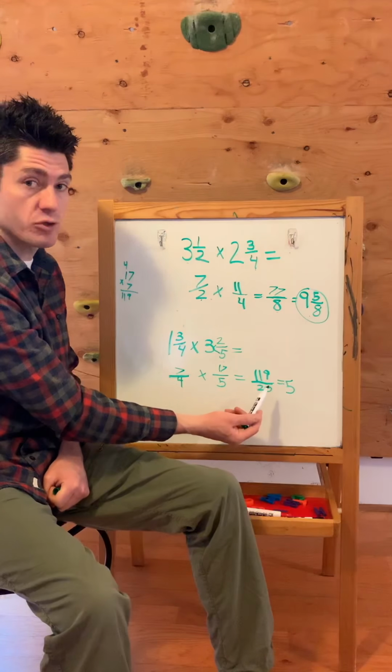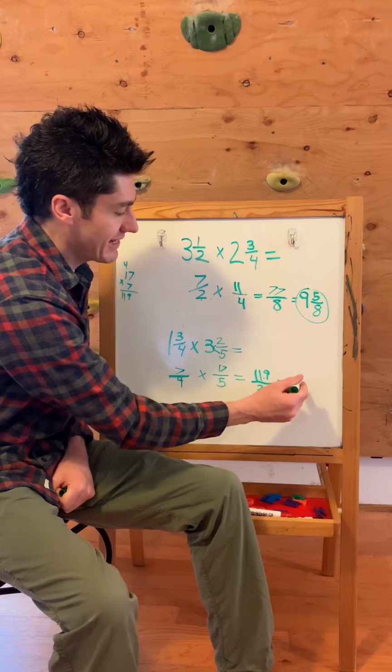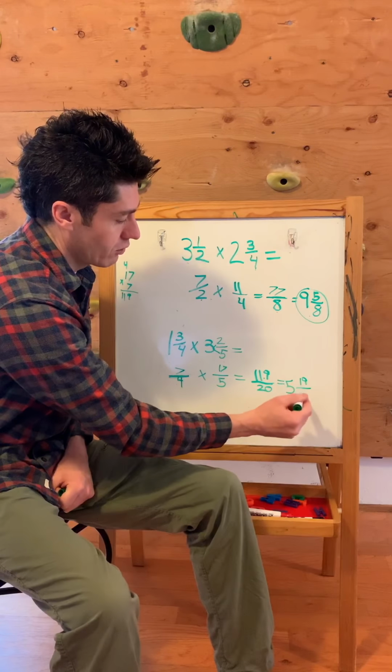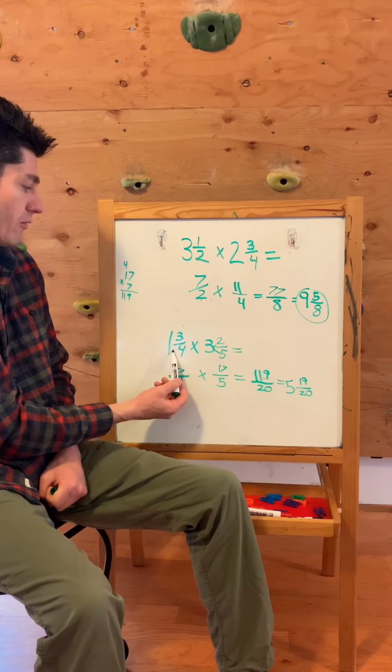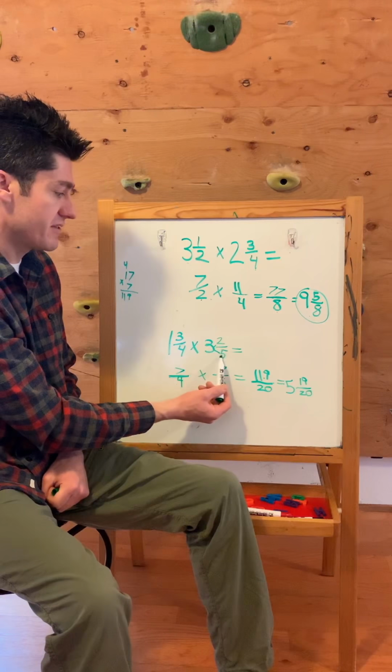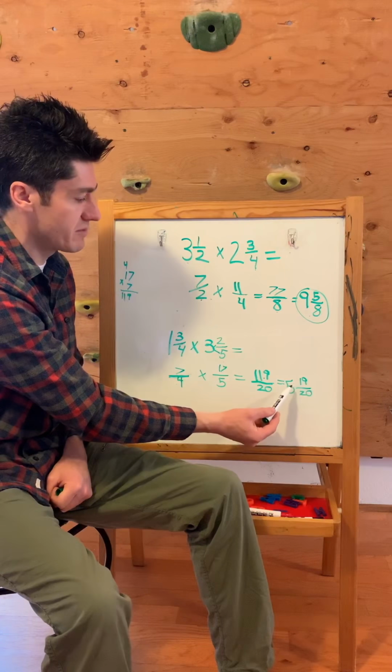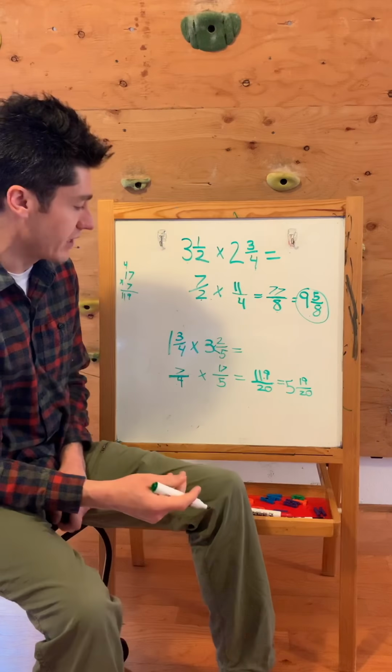That took us up to 100, so there's 19 still sitting up here over 20. We almost have 6 whole pizzas when we had 1 3/4 times 3 2/5. We almost end up with 6 whole pizzas, but we had 5 19/20.